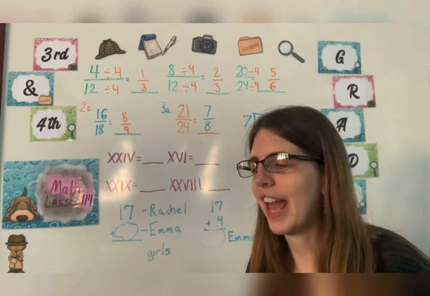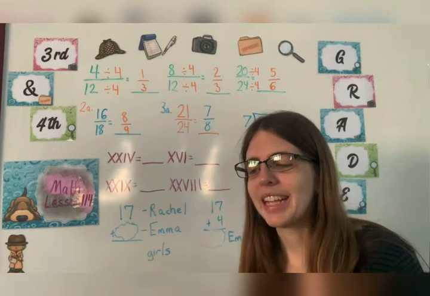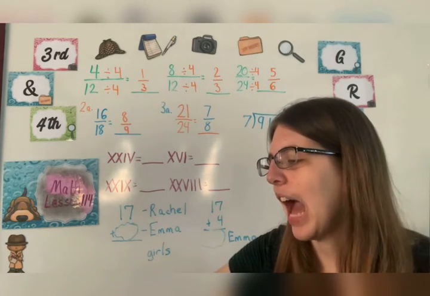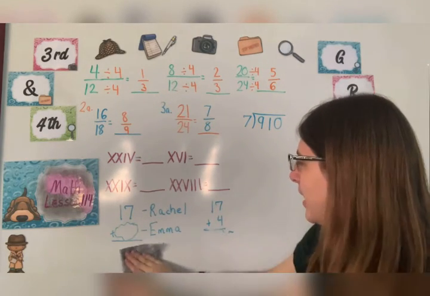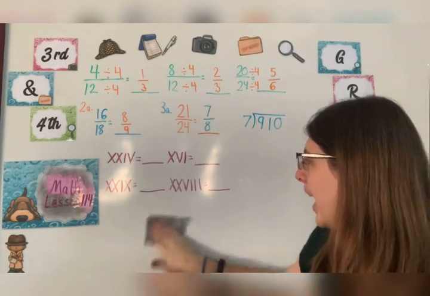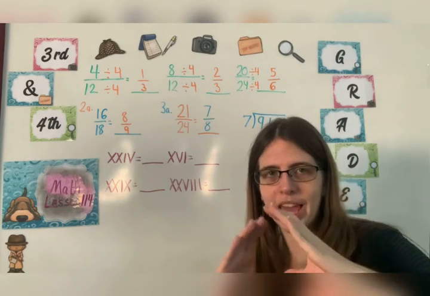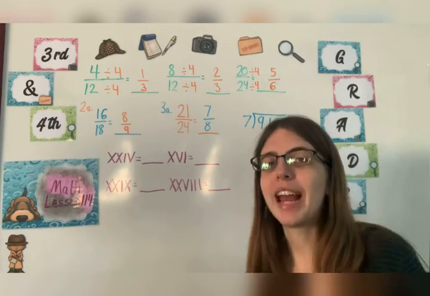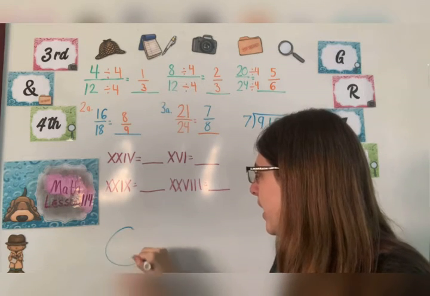Mrs. Lopez is having a pizza party for her class. Each pizza has 8 slices. How many pizzas should she buy to have 32 slices of pizza? Okay, so I know that each pizza, so round pizza, each one has 8 slices in it.